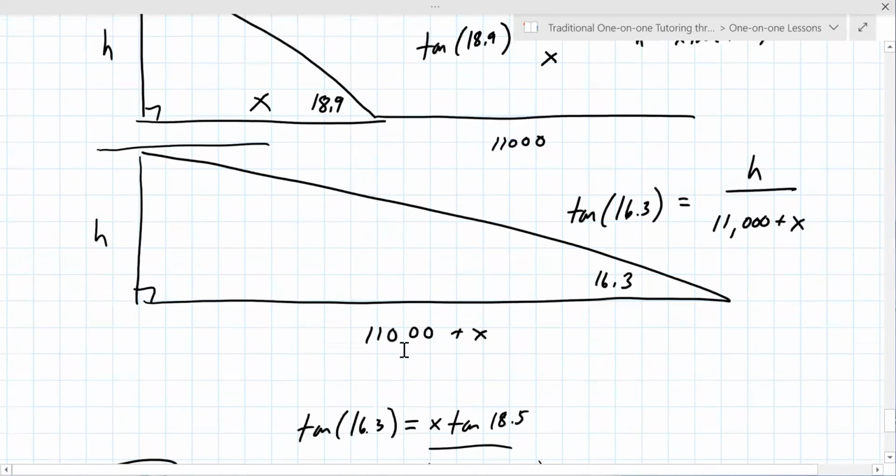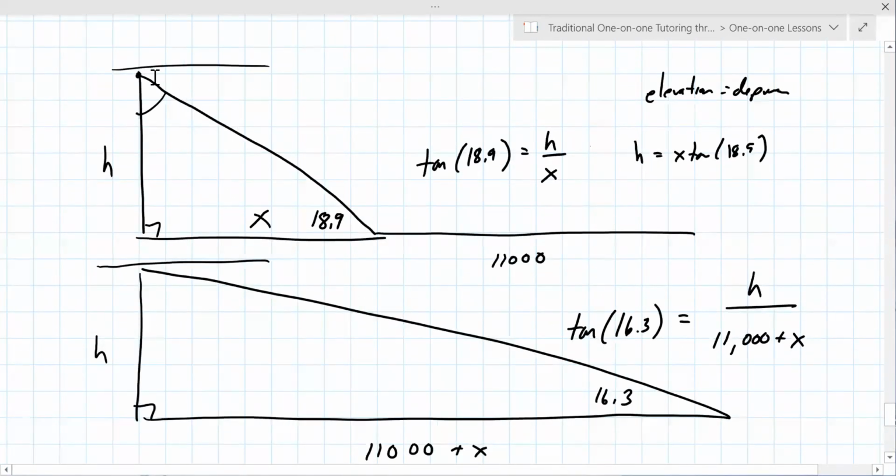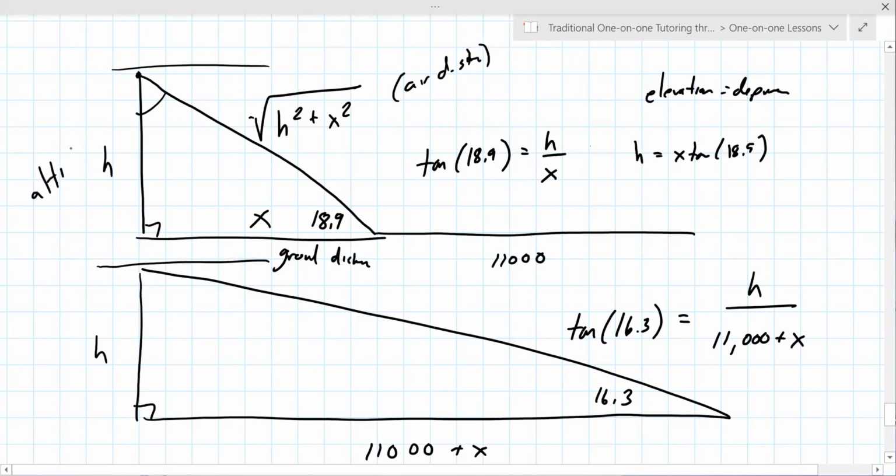And then the hypotenuse you get, you have to do the square root of h squared. I think that's the air distance. And then x is the ground distance, and h is the altitude.